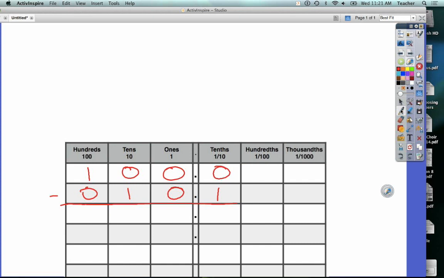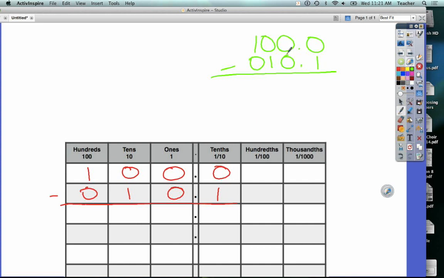So right now I have this problem written out. And I have to borrow. Can I borrow from my neighbor? No. Because my neighbor is a 0.